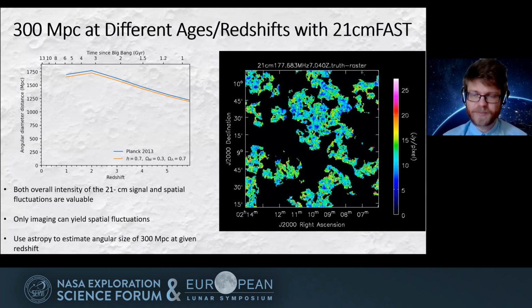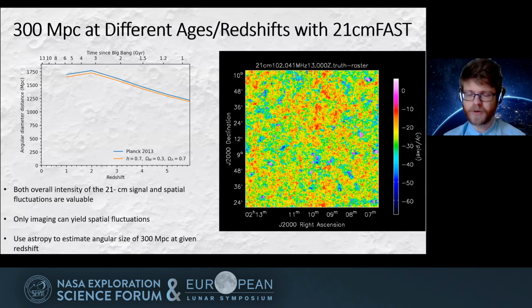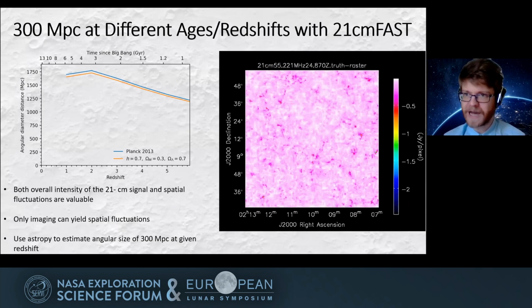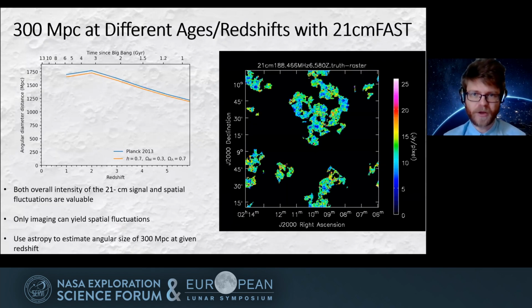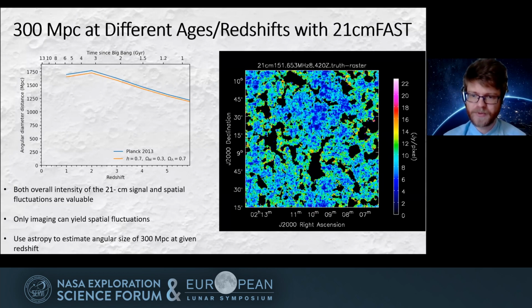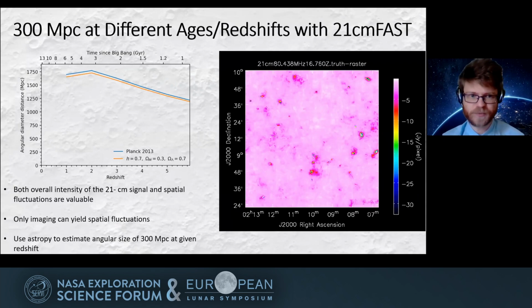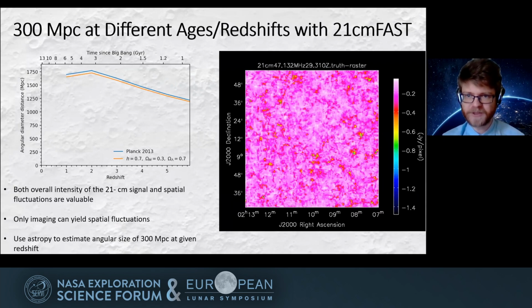In particular, there's been a lot of talk about the global signal, or averaging over a whole beam's worth of sky to get out this sky average feature. But what also would help quantify this exotic physics is looking at the spatial distribution, or the spatial power spectra, of this feature.